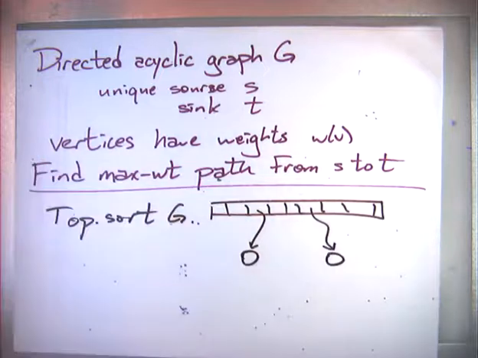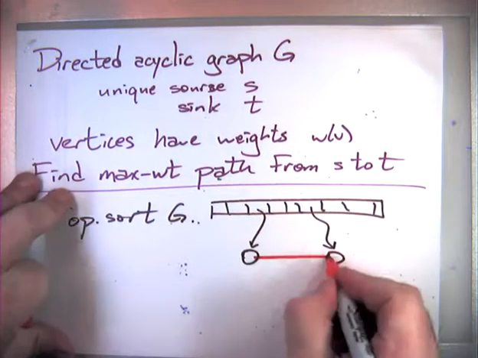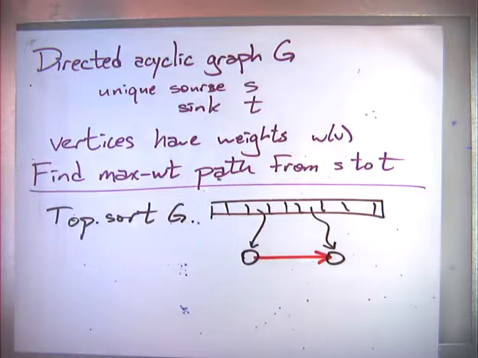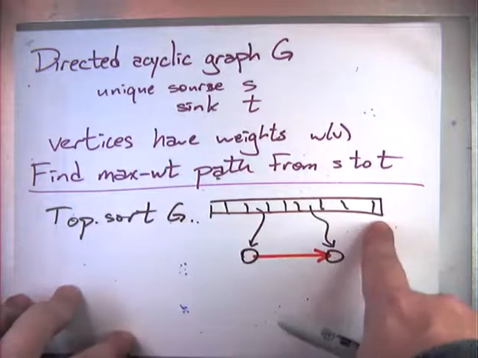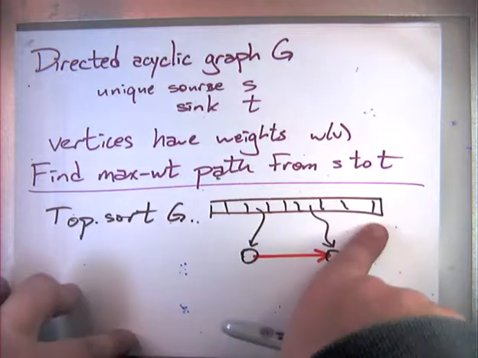And every edge in the graph, after I've done this assignment, is going to point from a lower numbered thing to a higher numbered thing. Once I've done that, I can now think about paths in the graph as subsequences of this array. And we know how to do subsequence things.